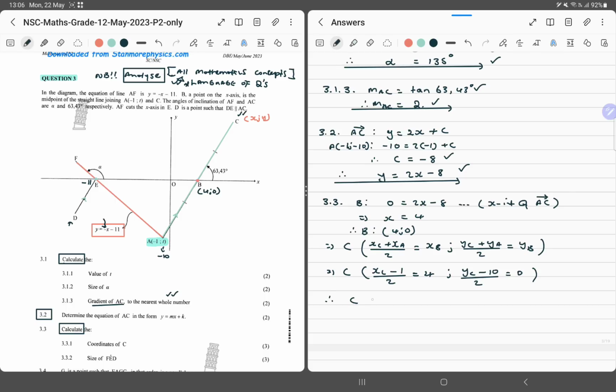So therefore, cross multiply the 2 there, we get 8, we add 1, it's going to be 9. And then you cross multiply that, it's 0, transpose the 10, so it becomes just 10. Okay, so that is the coordinates of C.